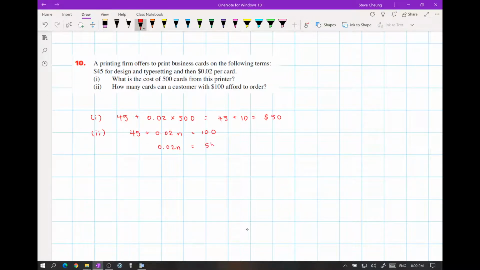So this is like an application of arithmetic sequence. But of course, they don't tell you what's the first term and what's the difference, right? So if you really want to label these, this is technically the first term and this is technically the difference. Yeah. And then this should be, what's 55 times 50? 2750 cards.